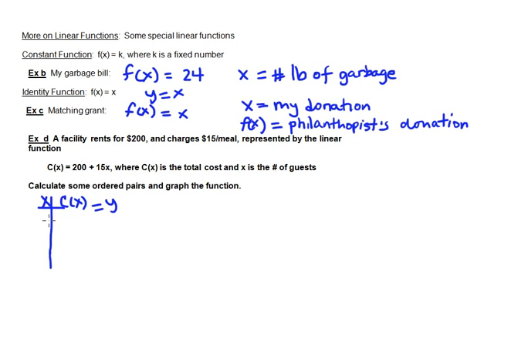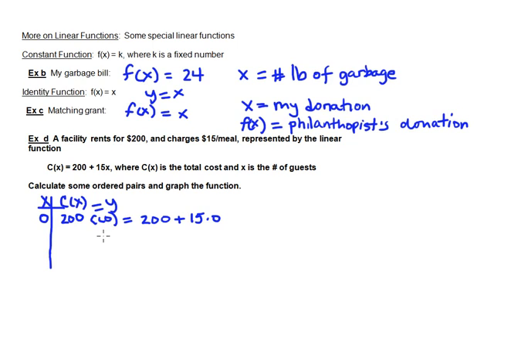But we'll calculate the cost for a number of input values. So, for example, if there are 0 guests, the cost of having 0 guests is going to be $200 flat rate, but there will be no variable cost because it'll be 15 times 0. And so the cost of hosting 0 guests is still $200 just to pay for the facility.